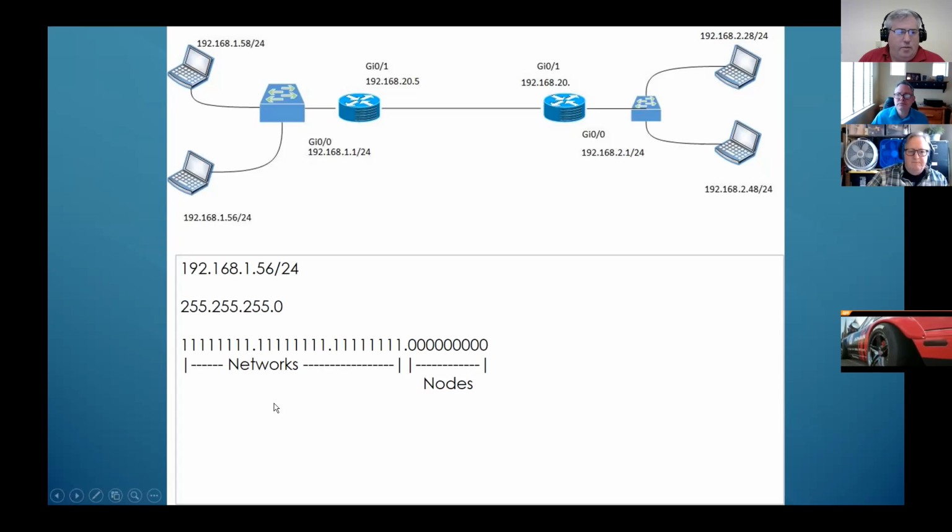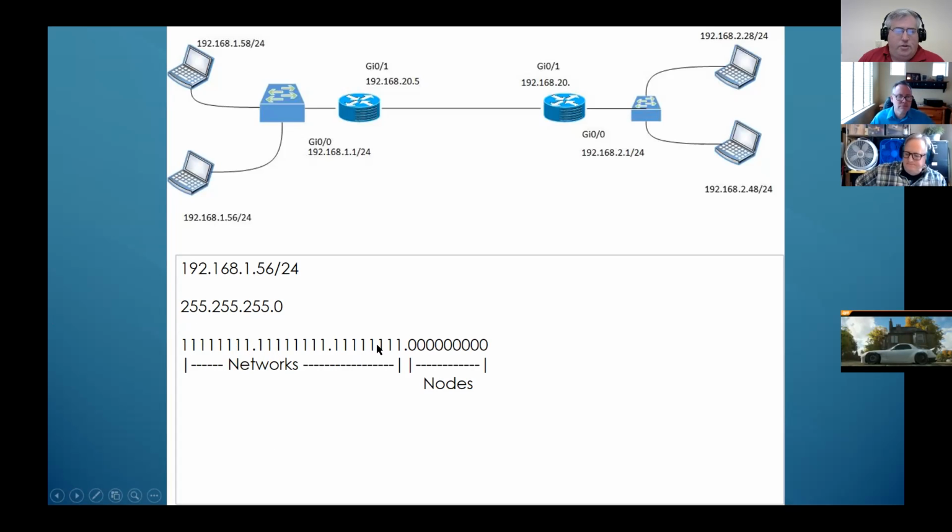So what that means is that the subnet mask in decimal would be 255.255.255.0, and in binary it's basically 8 ones, another 8 ones, and another 8 ones, an octet. Those are also bytes. How many bits are in a byte? 8.